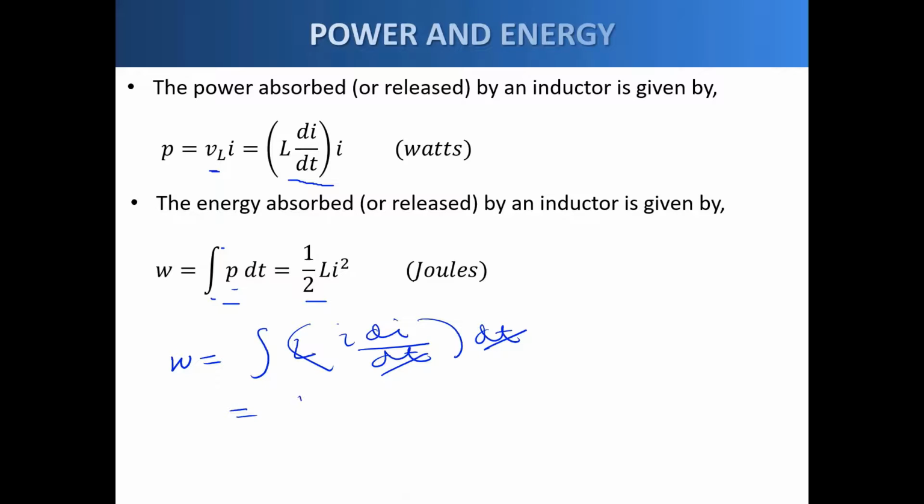L is a constant. The integral of i di will give us 1/2 i squared. So therefore, energy will be 1/2 L i squared. So if current changes, the amount of energy that was stored or released by the inductor would also vary.